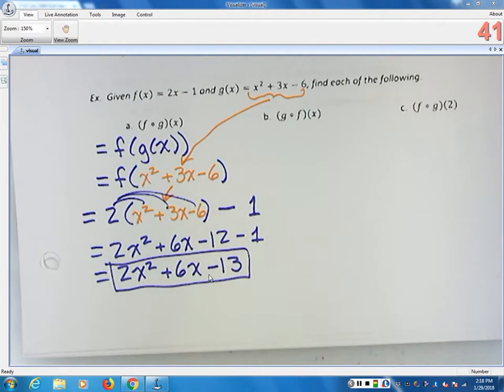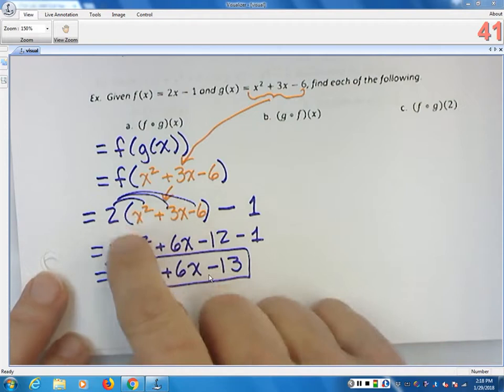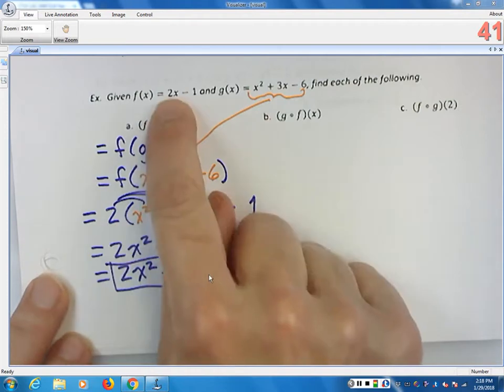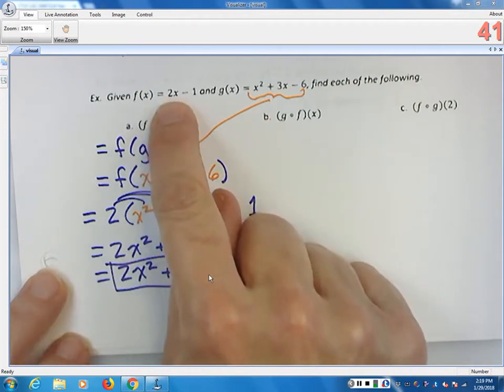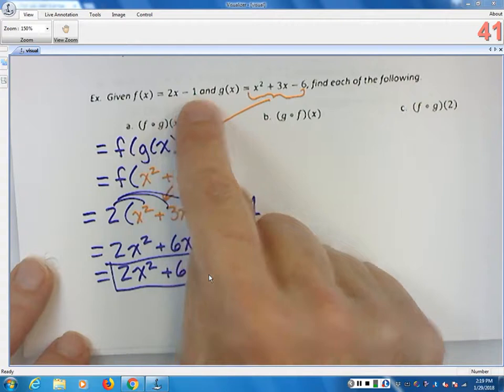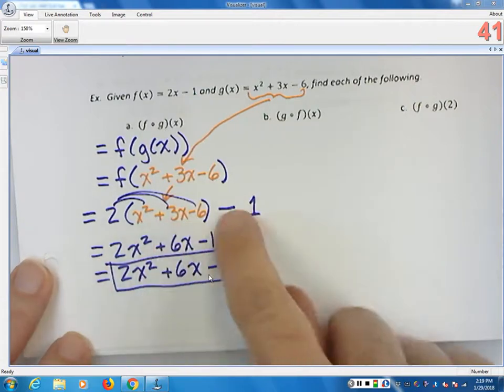Okay, so you're going to have to practice these. I got a question. Yeah. Why don't you put 3 out instead of 2? Why didn't I do what? Put 3 out. Did I make a mistake or what? Why did it have a 2? Yeah. Because the 2 was here. 2x minus 1. This is 2x minus 1.